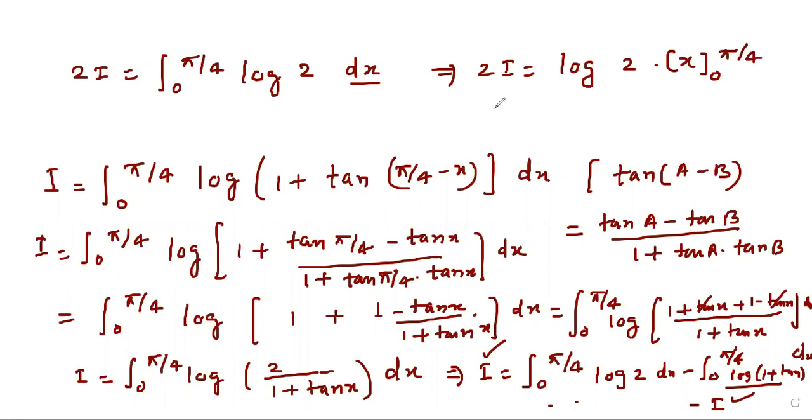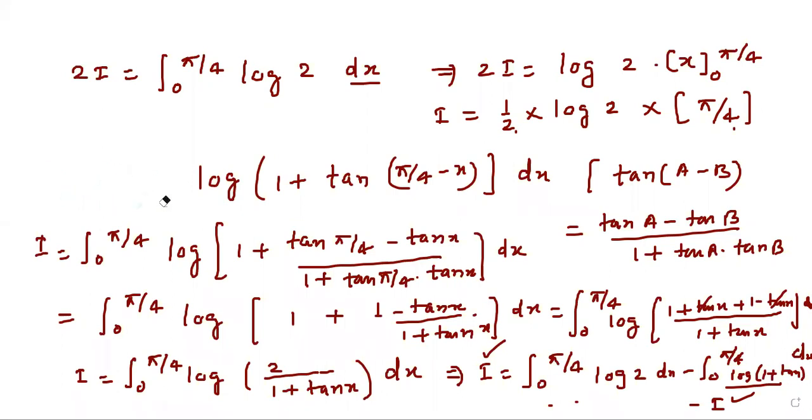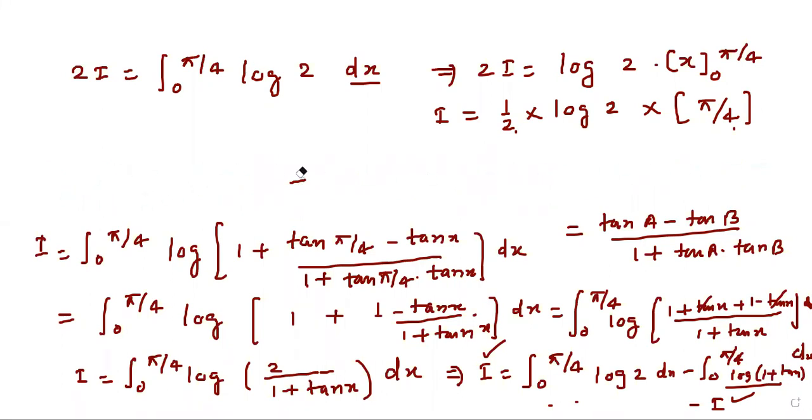So it will become I equal to 1 by 2 times log 2 times pi by 4. So this 2 and this 4 will become pi by 8. So I equals pi by 8 log 2.